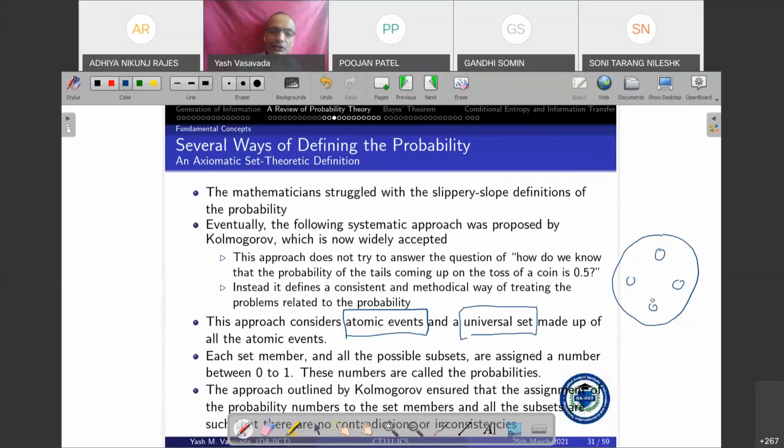And then there are going to be the remaining 14 events, which are going to be different subsets of this universal set. And what Kolmogorov said is that I'm going to assign a number which I'm going to call the probability of that particular subset, that particular event. And that number, he said, is going to be always between 0 and 1.